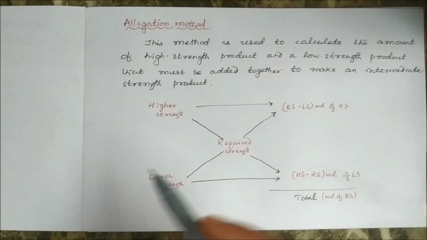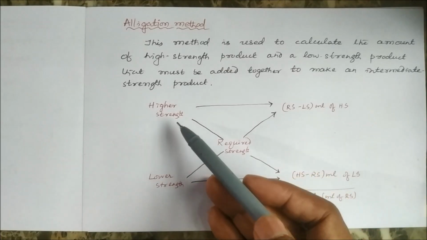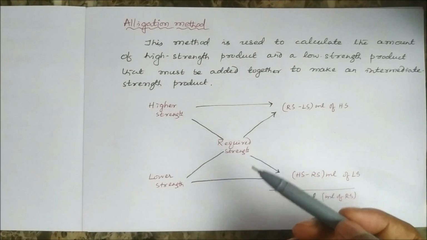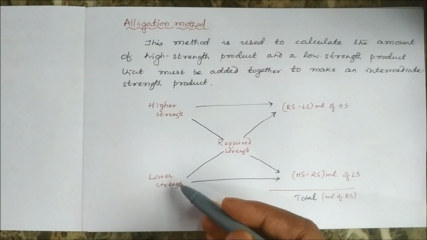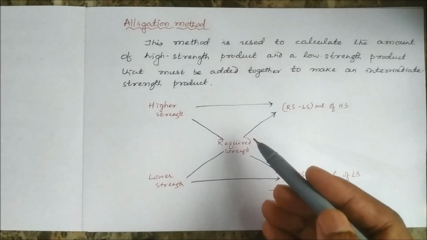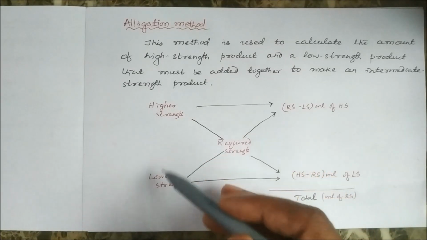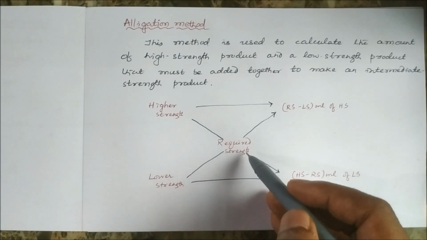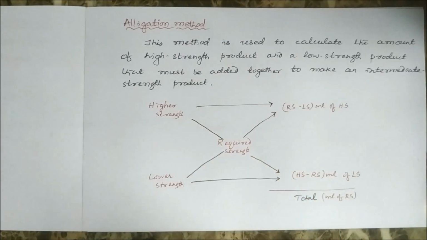So if we have two strengths, one higher strength and the other lower strength, and we need a strength which is in between these two, then we can use this alligation method.